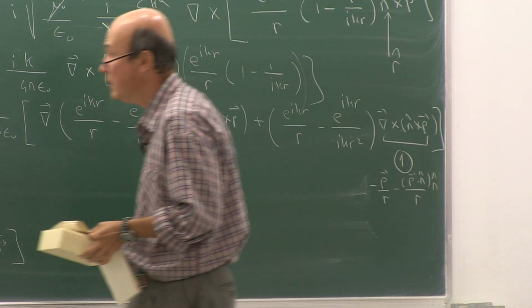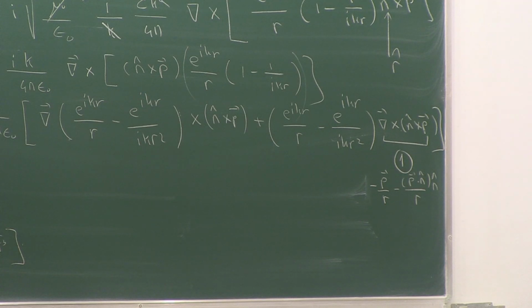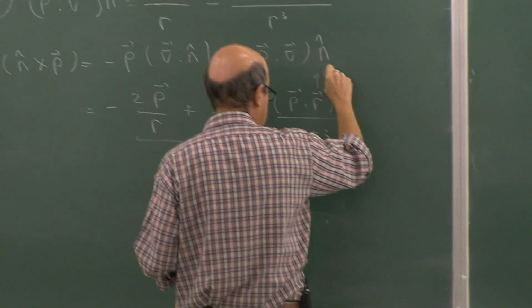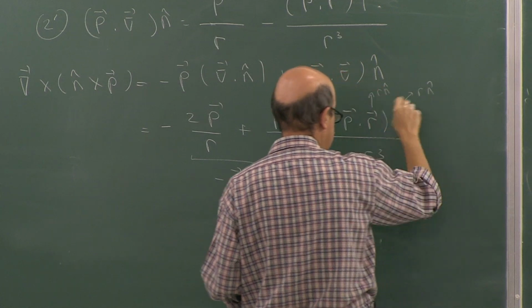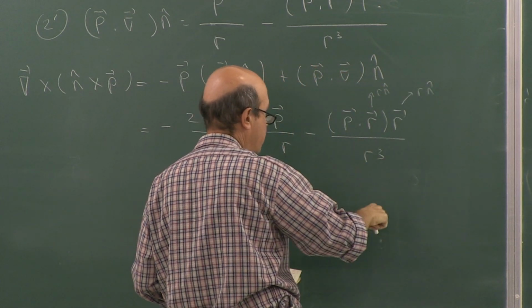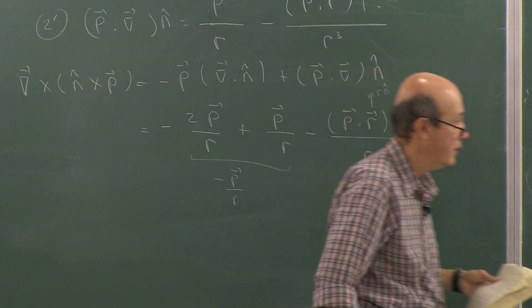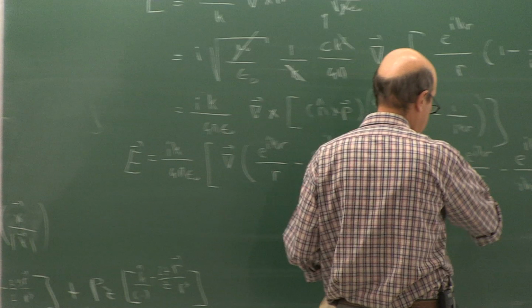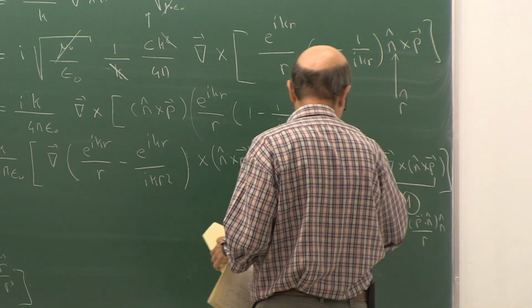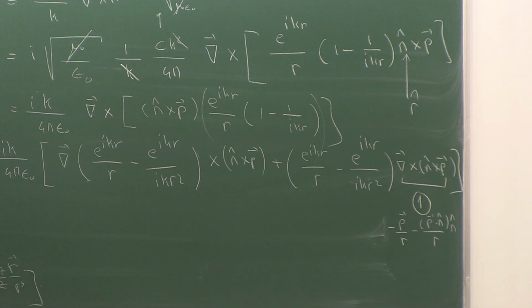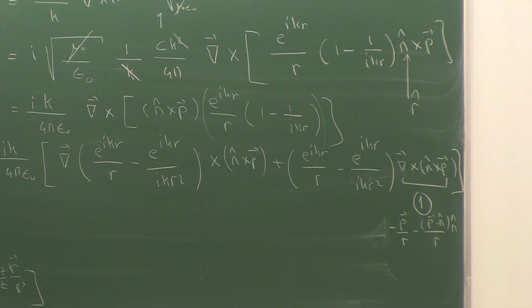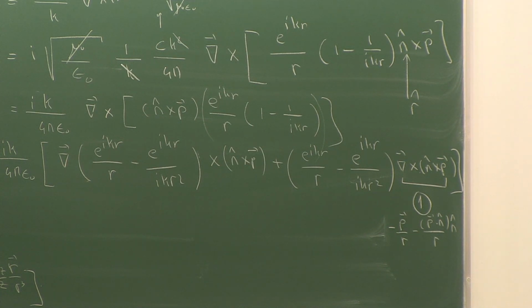Let me tell you one thing here. R is nothing but r magnitude times n hat, so these r's cancel and this drops to 1 over r, and that is n. But we have terms related to 1 over r and r square, and that makes the terms 1 over r square, 1 over r cubed. So I will interpret those things when we come to the later point, not now.